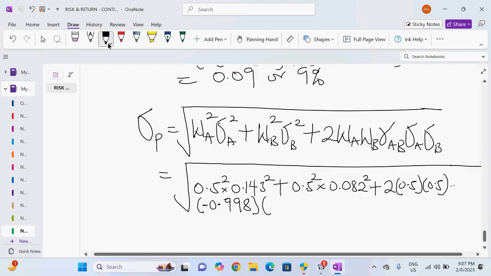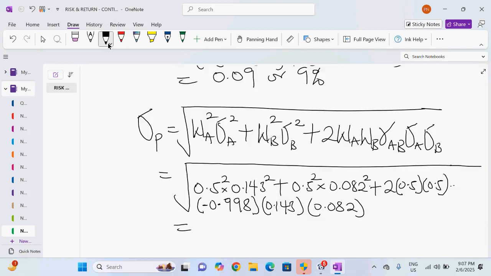And then standard deviation of A is 0.143 already here. And then standard deviation of B is 0.082. So give me the final answer. Risk and return is one of the easiest topics under financial management.